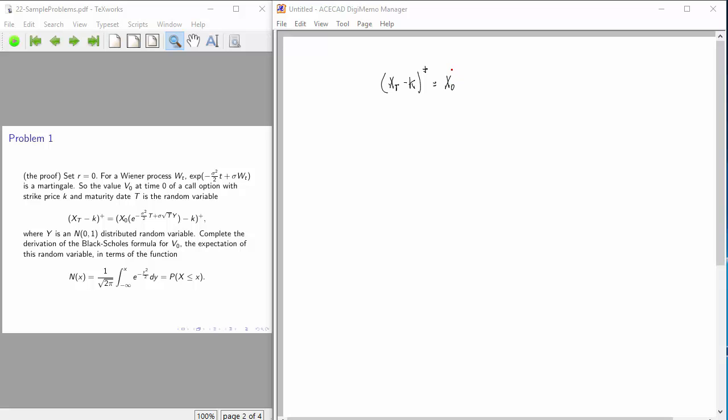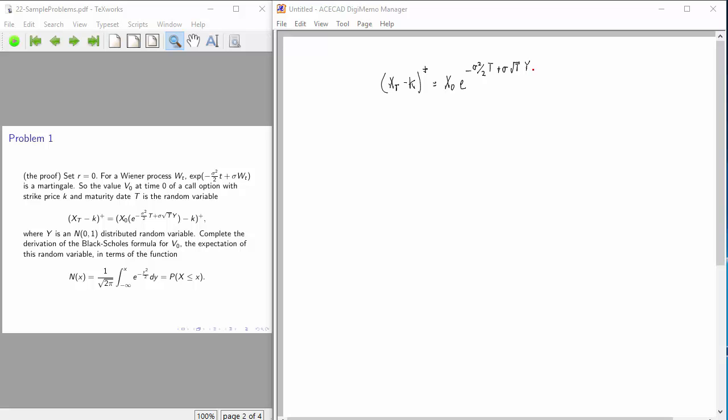It's the price at time 0 multiplied by the exponential of the quantity that does a random walk with this extra drift e to the minus sigma squared over 2 times capital T added to it. But the random walk part is sigma times the square root of t, that's the standard deviation, times a normally distributed random variable y.